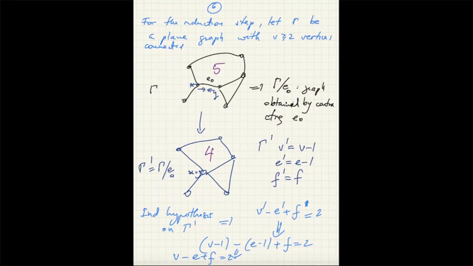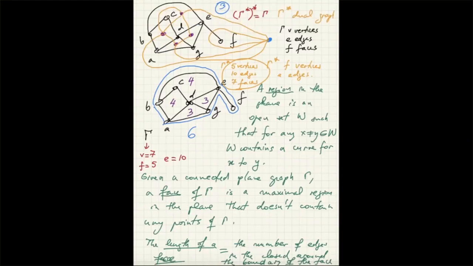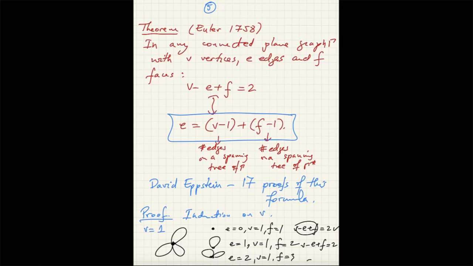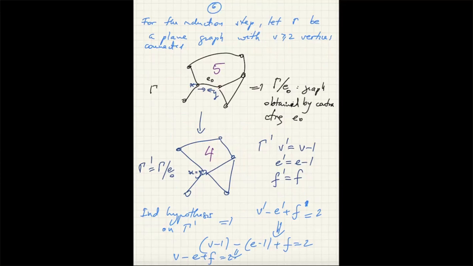Like I said, the more intuitive proof is the one involving the dual. So the one that you can think of in terms of this equation here, E equals V minus 1 plus F minus 1. Let me maybe give a hint of it here.